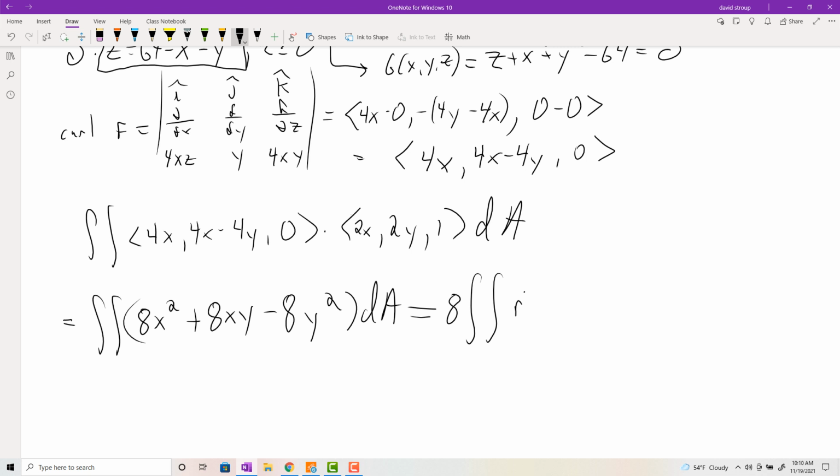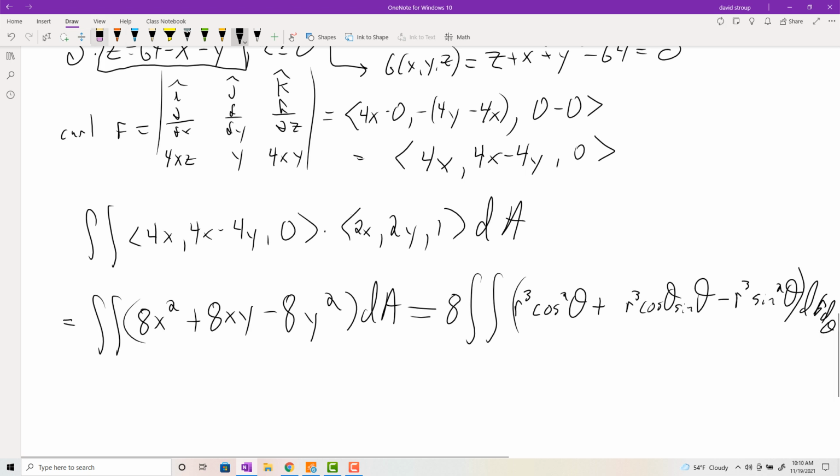So I'll have r cubed, x squared is r squared cosine squared. So r cubed cosine squared theta plus r cubed cosine theta sine theta, and I already factored out the 8, minus r cubed sine squared theta, dr d theta.